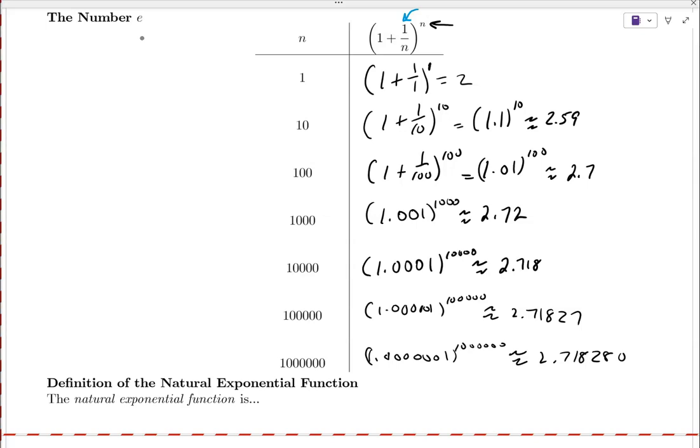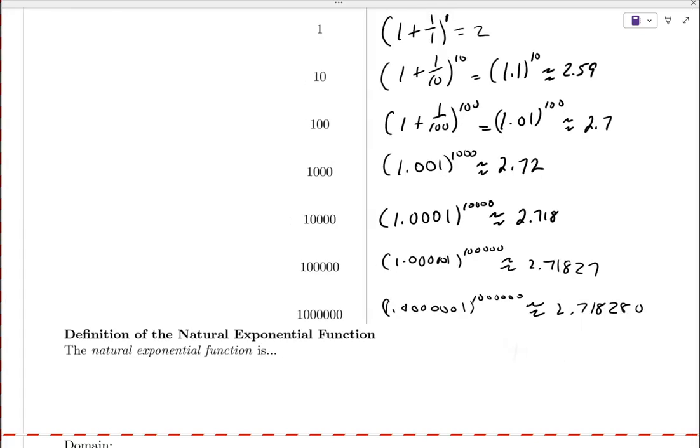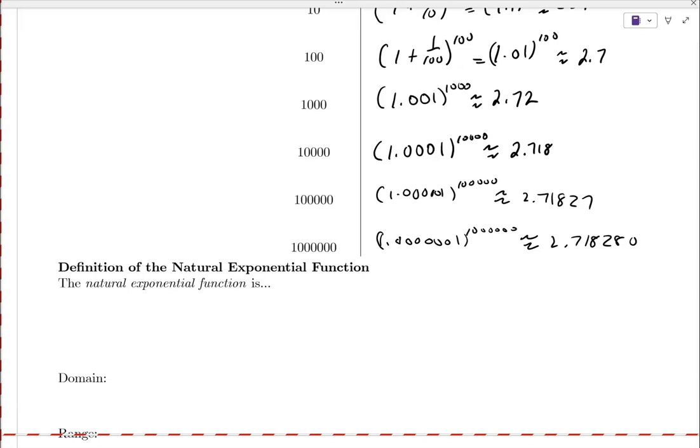Okay. All right. So these numbers, they're getting bigger, but they're slowing down, right? So what happens is as n gets really, really large, these numbers get really, really close to a special number that we refer to as e. Okay? So the natural exponential function is f of x equals e to the x, where e is an irrational number, meaning it cannot be written as a fraction.